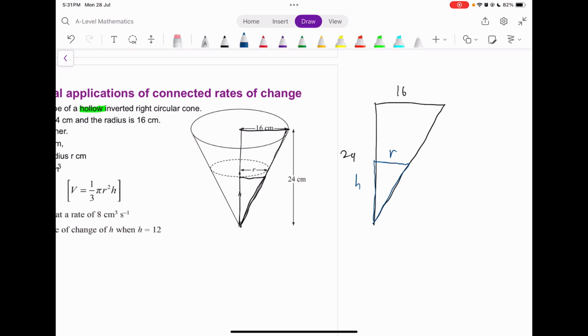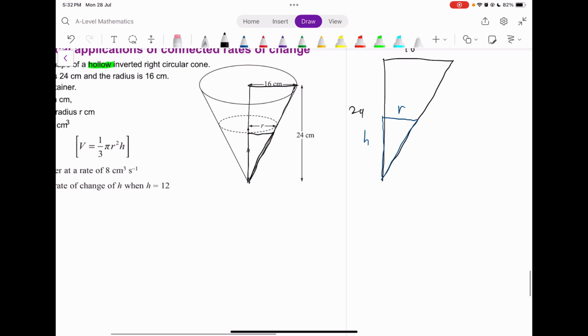Okay, so the ratio of the radius over the height, R over H. That's the ratio.